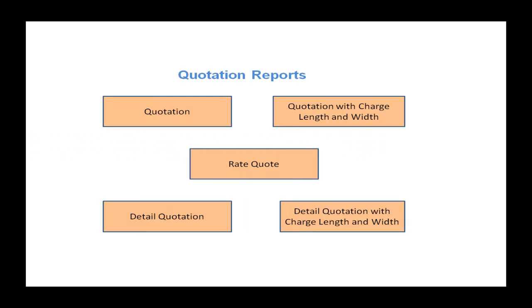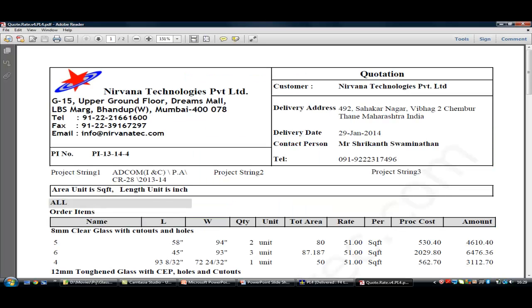First, we will see project related reports. In this, we have the general quote or party quotation. This company header, customer details, PI number will be displayed in all reports. You will also get Shugam number that we have entered on project page in project string 1.